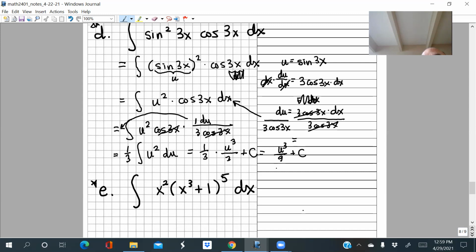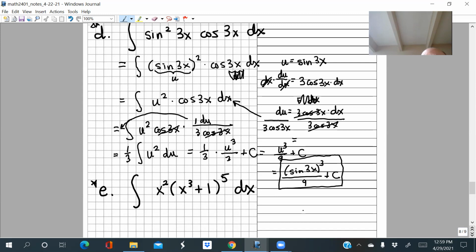Oh, it was sine of 3x. So what I really have here is sine of 3x cubed over 9 plus the constant. There's your final anti-derivative, Lewis. This is anti-derivative, not derivative, the opposite of derivative.